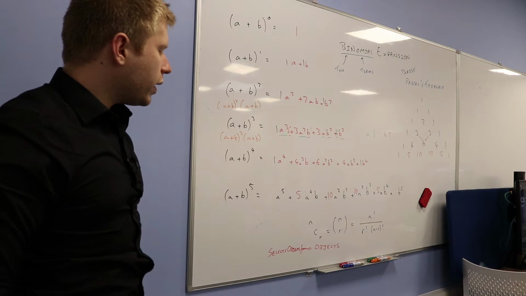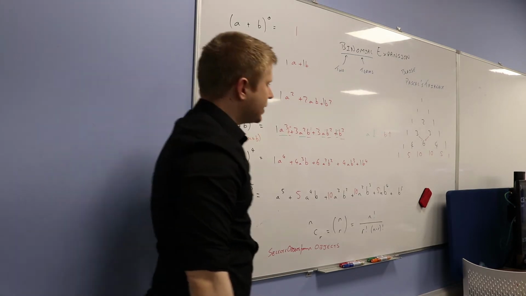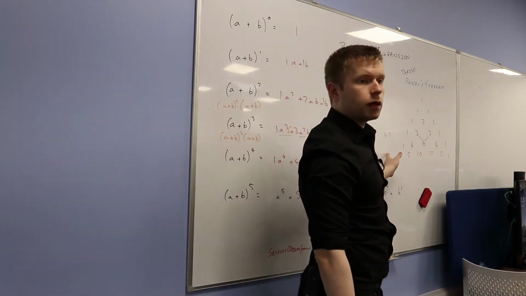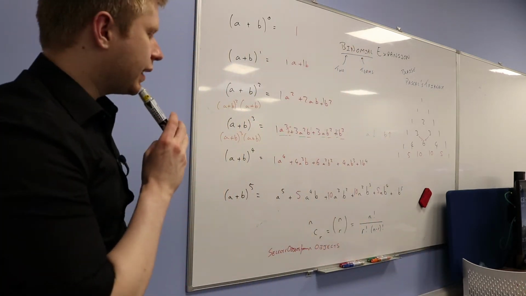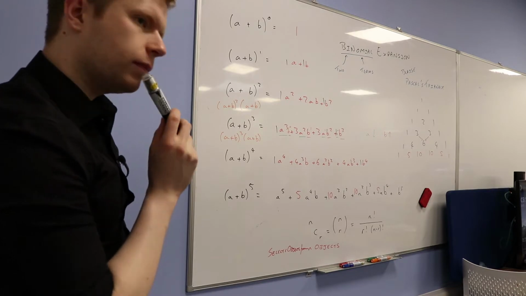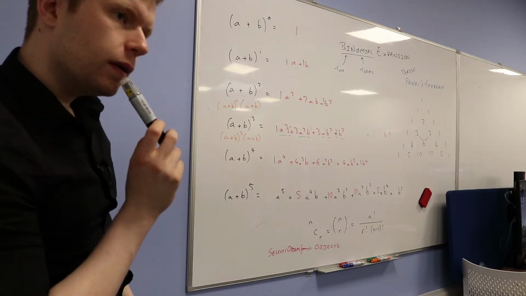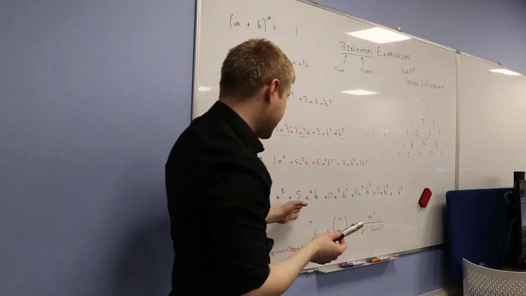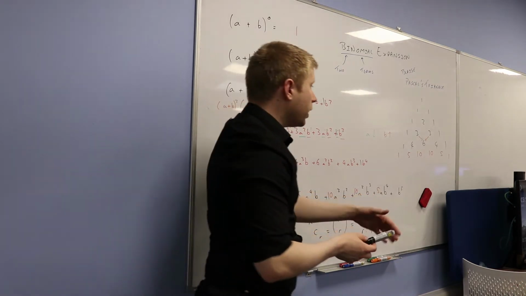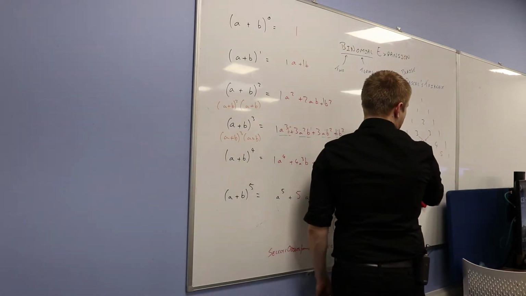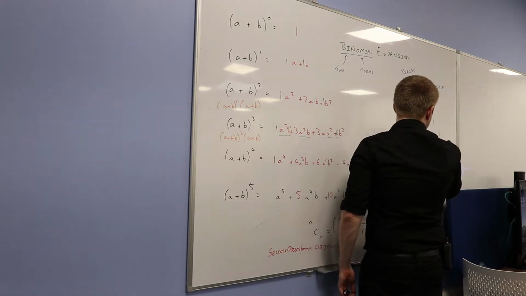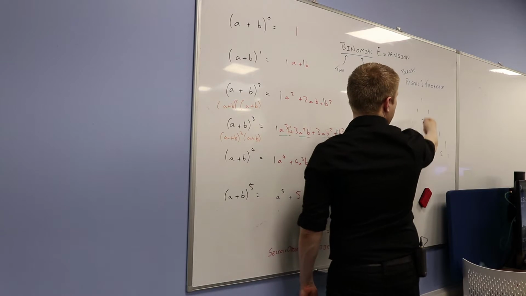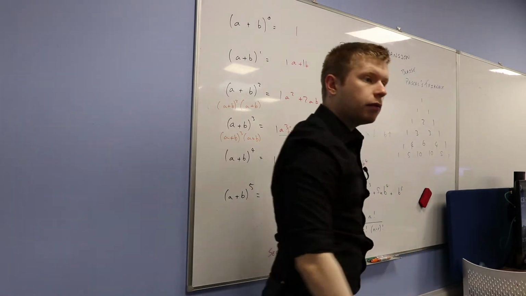Okay. Well, the question is, what on earth has this got to do with this? Well, let's have a think. Yeah, it's this thing here. These are the coefficients, all right? The way which you can think about this, in terms of this triangle, is that there are 5 different ways to get from here down to here, okay?